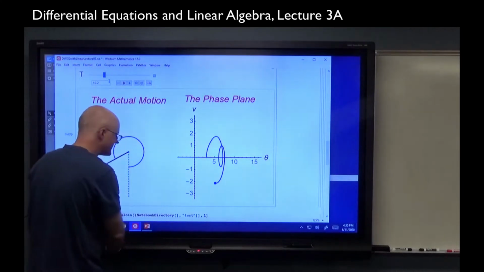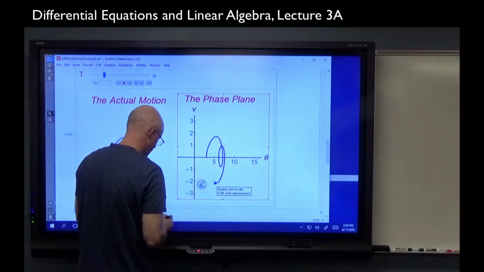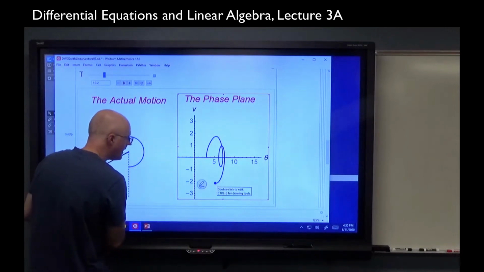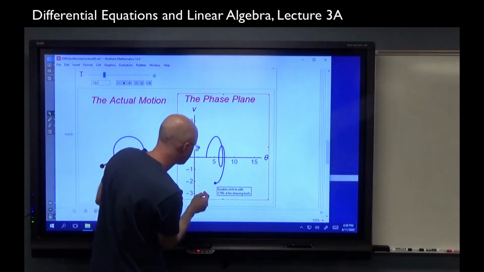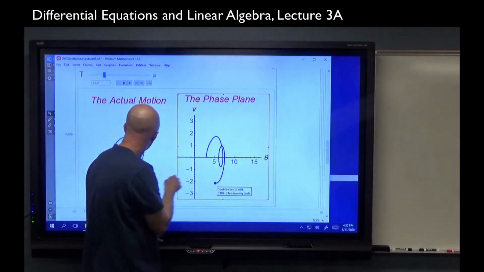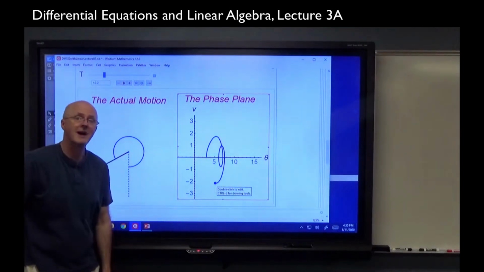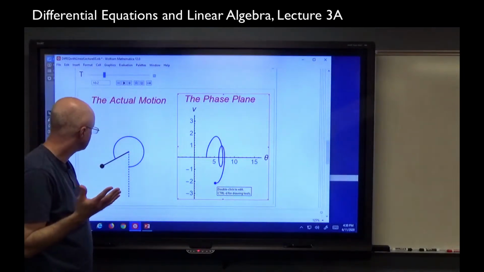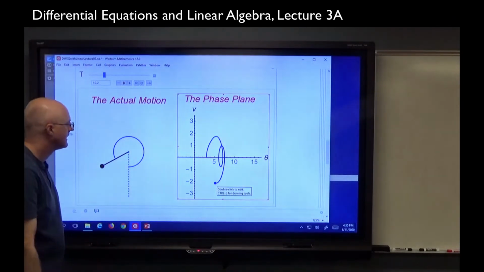Notice that the coordinates of this point right here, its first coordinate, its theta coordinate, is a little bit bigger than 5. This angle here, starting from 0 going downwards, is a little bit bigger than 5 radians. Maybe somewhere around 300 degrees.